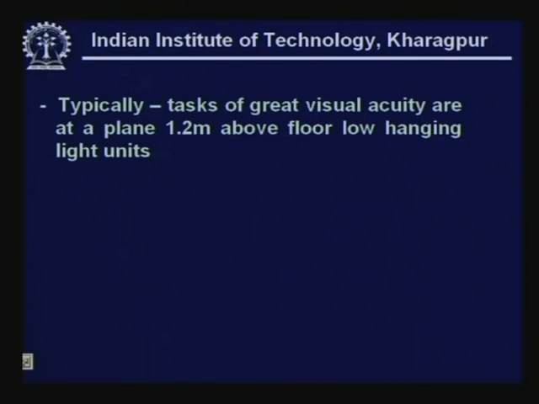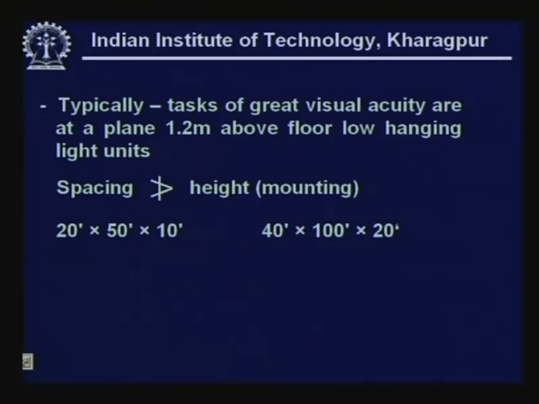Most of the tasks which need intense visual acuity are on tables, like reading and writing, which may be typically about 1.2 meters above the floor. They can have local lighting in addition, with low hanging lights. But keep in mind, when multiple lamps are there, spacing should never be more than the height of the mounting.